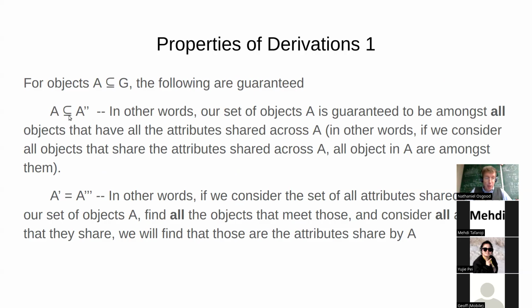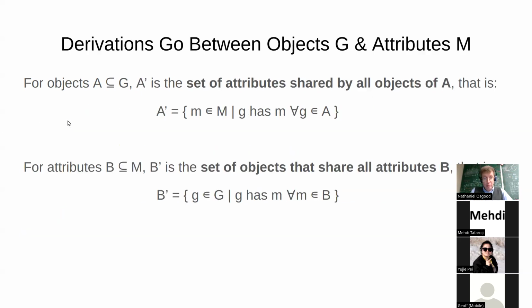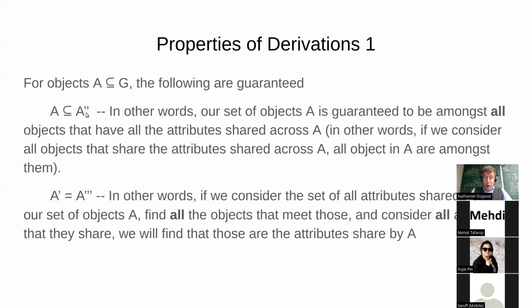Your original A is guaranteed to be a subset of these. It might include others; it may not be all.